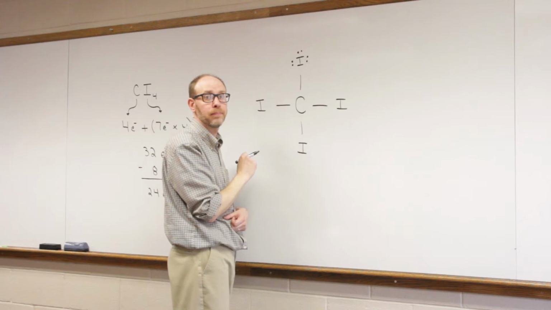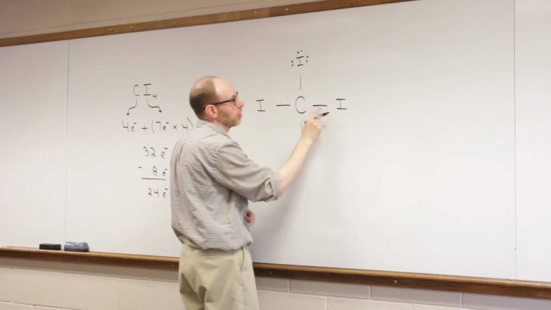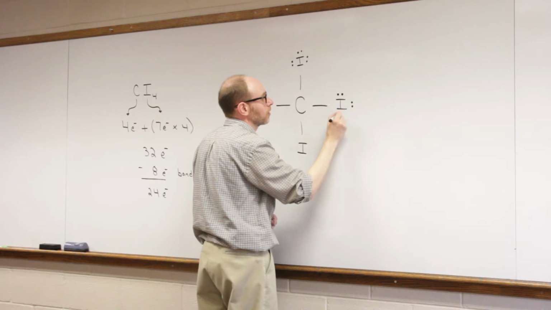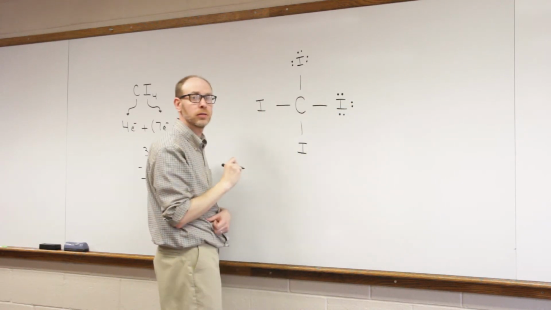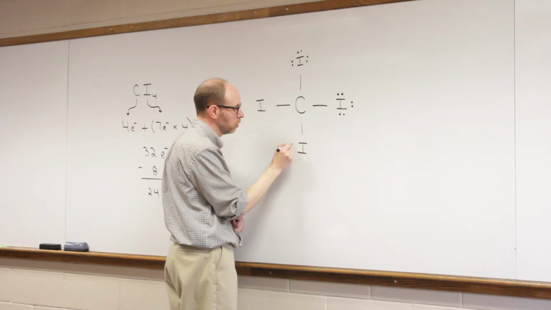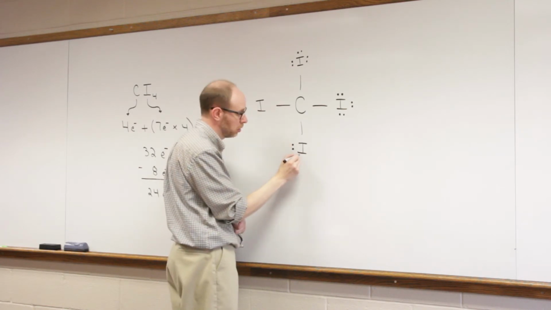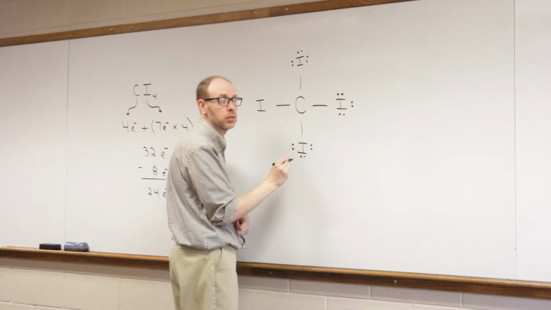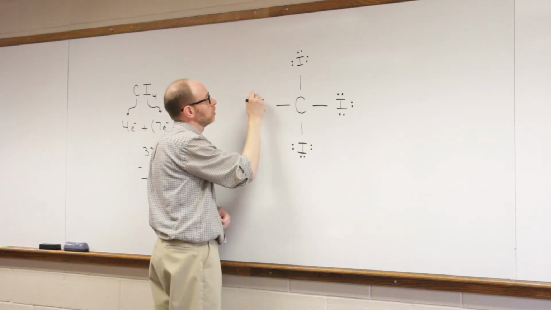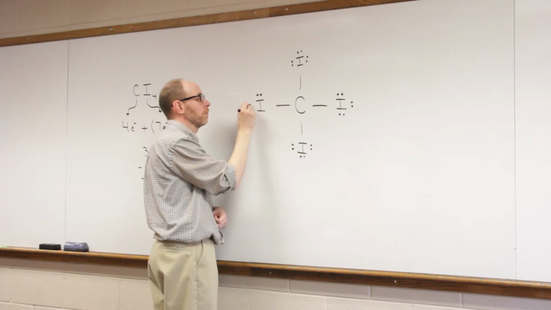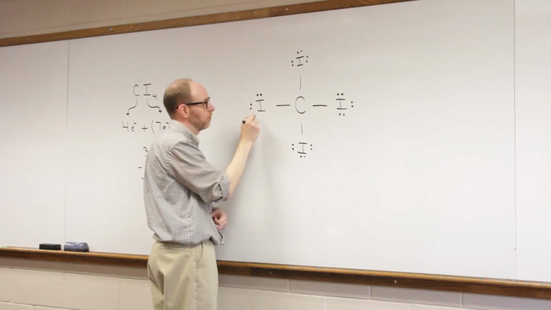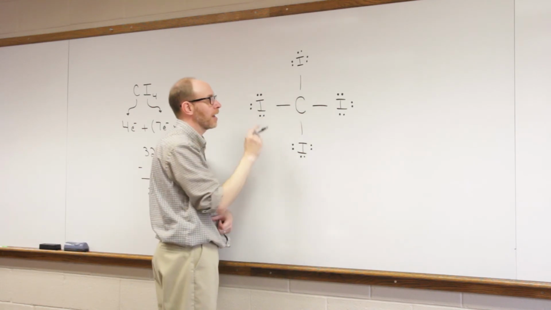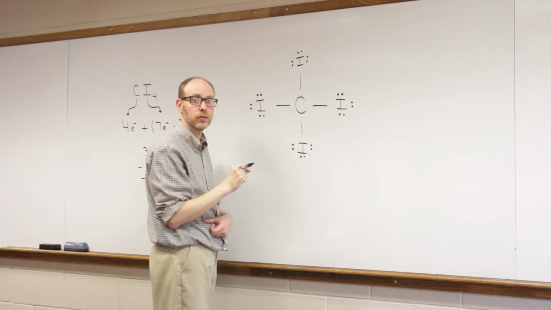So we're going to stop. Look at the next one. It's got 2, 4, 6, 8. Each of those iodine atoms now has its octet fulfilled.